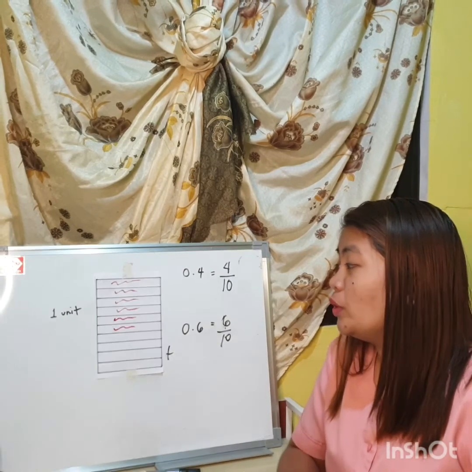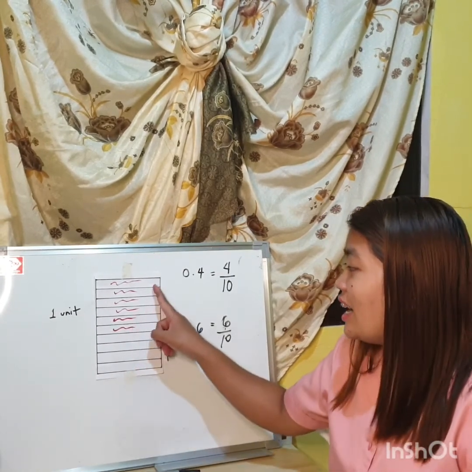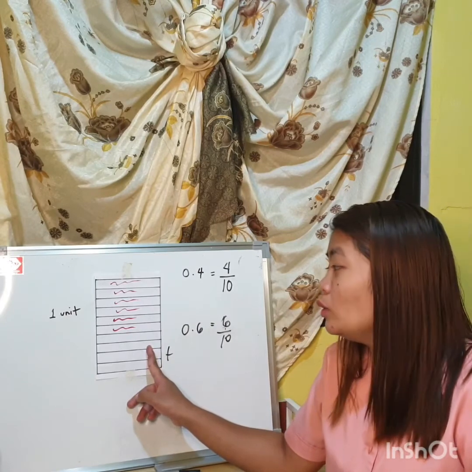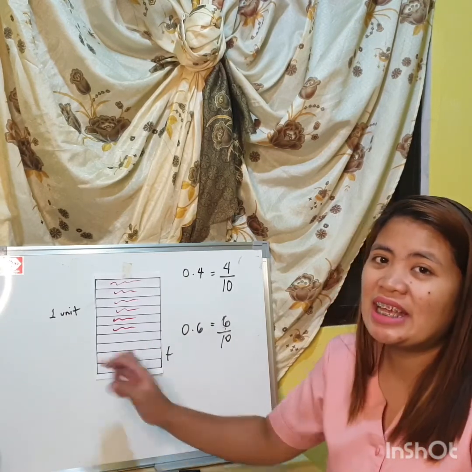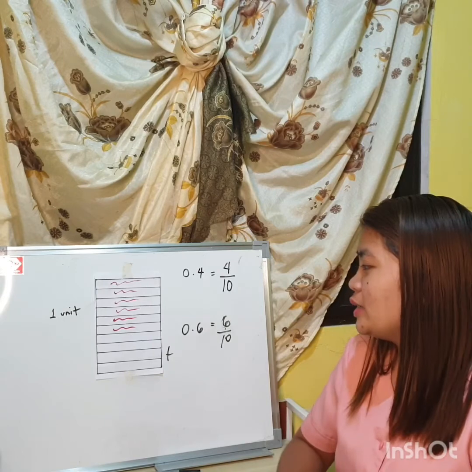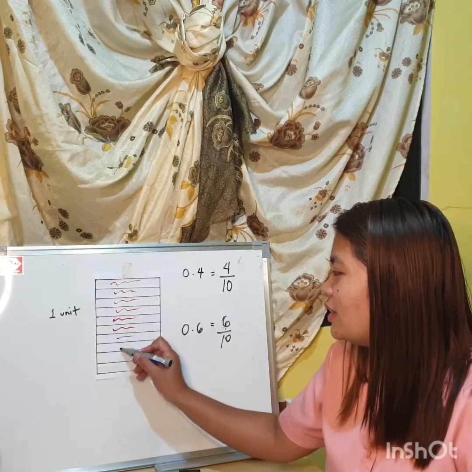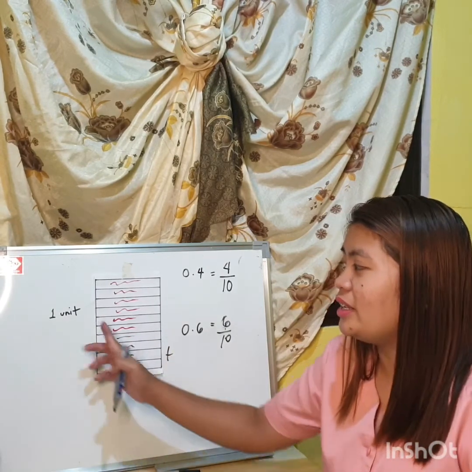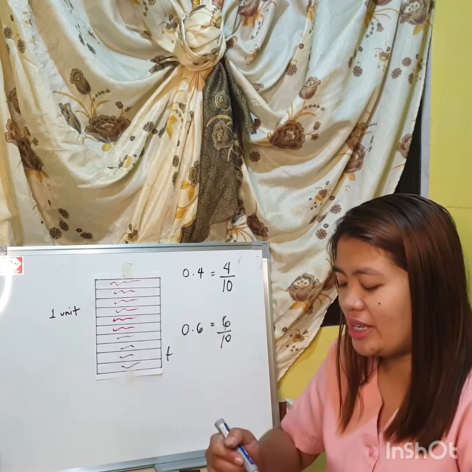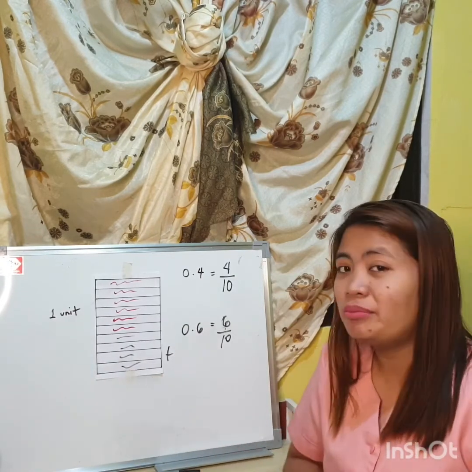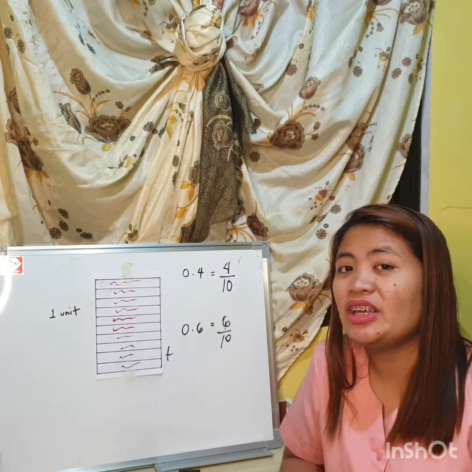So, malinaw po that a decimal number is always less than 1 unit. Okay po? So, kapag shinade po natin ito lahat, it is already 1. Okay? So, ang decimal number, it is always less than 1 unit.